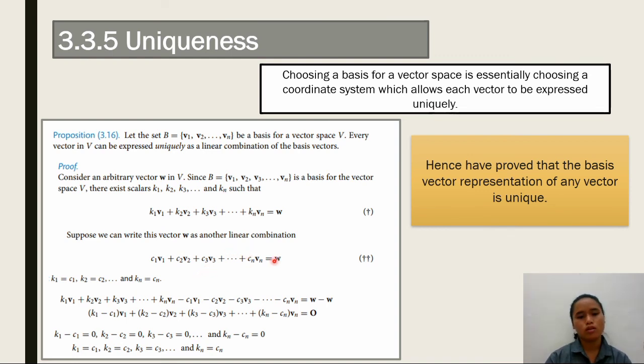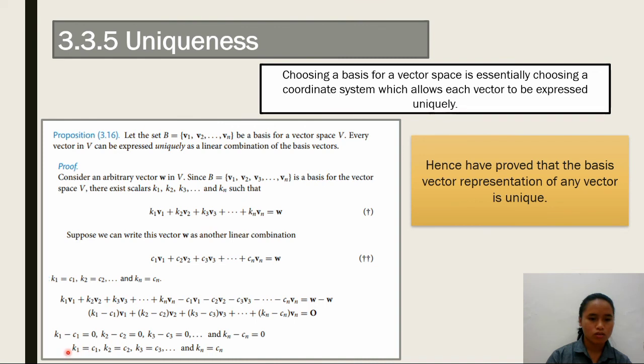Then k1 equals c1, k2 equals c2, until kn equals cn.